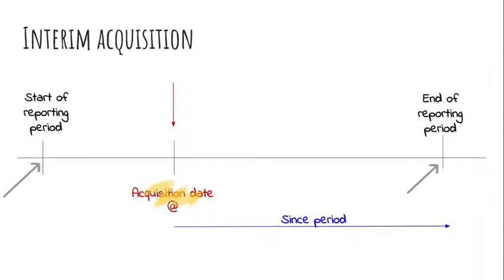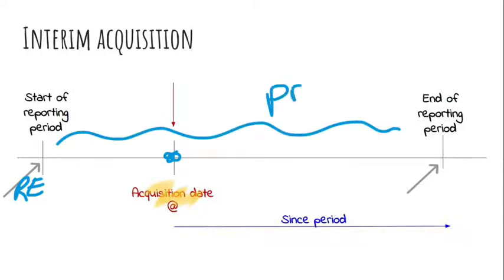For purposes of consolidation, you still need the equity of the subsidiary at acquisition date so that it can eliminate. But what you typically have is the retained earnings of the subsidiary at the start of the year, and you can have the profit for the year.